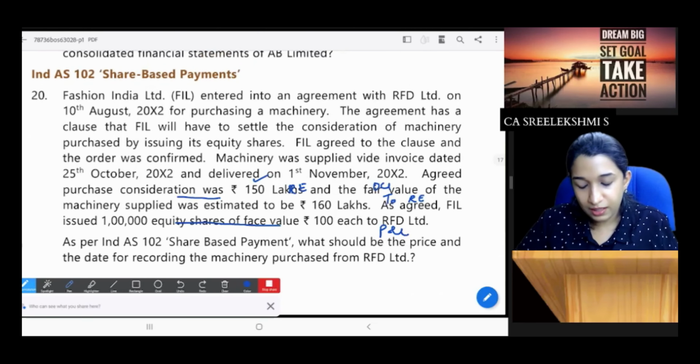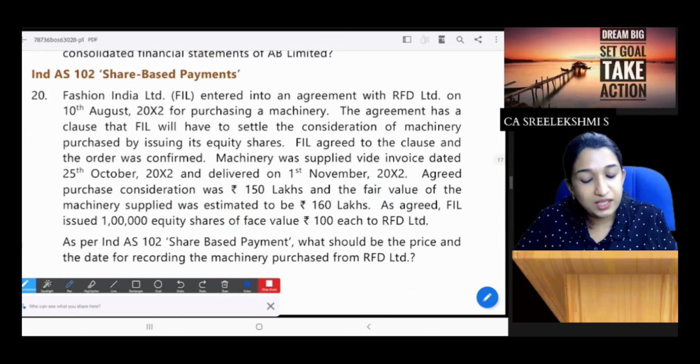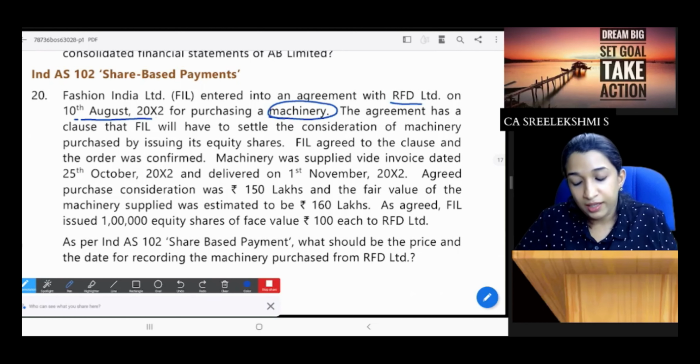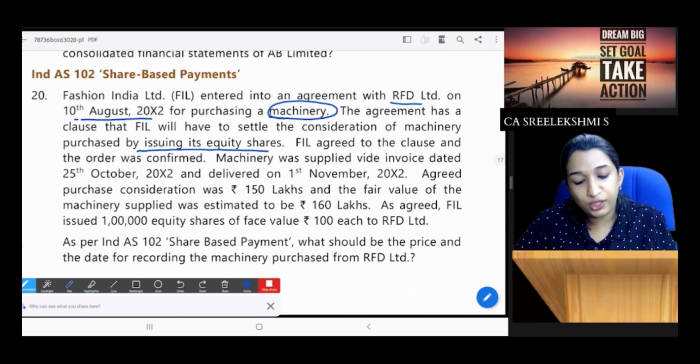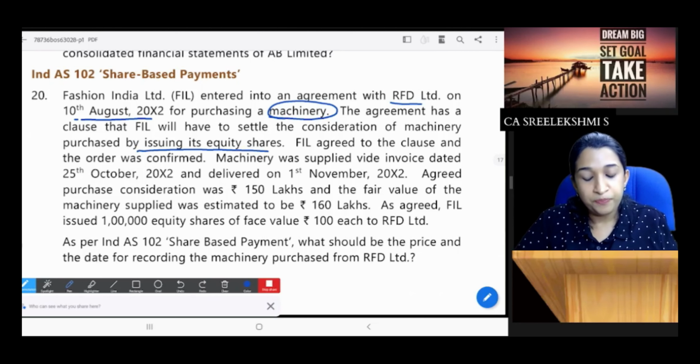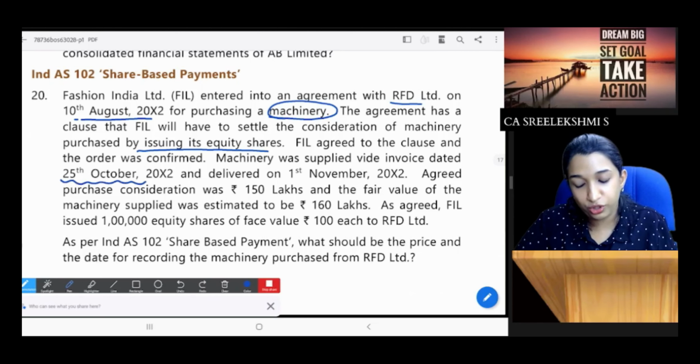Question 20. Fashion India Limited entered into an agreement with a company on 10th August for purchasing a machinery. The agreement said that FIL Limited will have to settle the consideration of machinery by issuing its equity shares. FIL agreed to the same and the order was confirmed. Machinery was supplied via invoice dated 25th October 2012 and delivered on 1st November 2012.